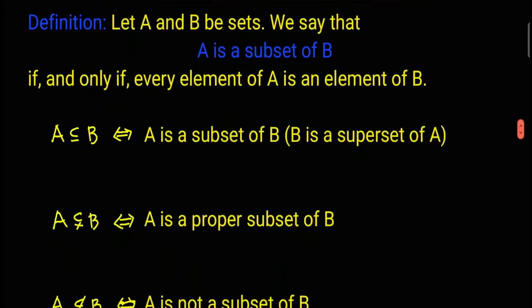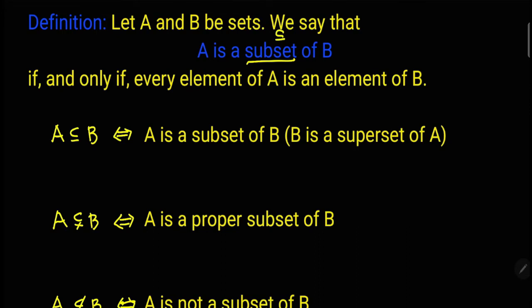Now let's define what we mean by subset. If we have two sets A and B, we say that A is a subset of B if and only if every element of A is an element of B. So everything that is in A is in B. We write that using the symbol like a C with a dash below.